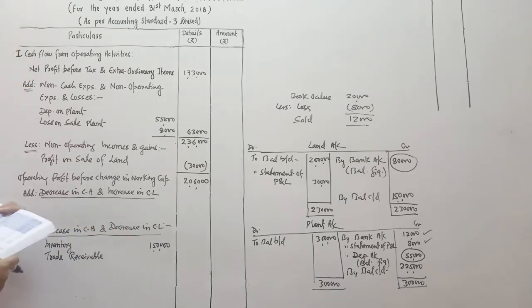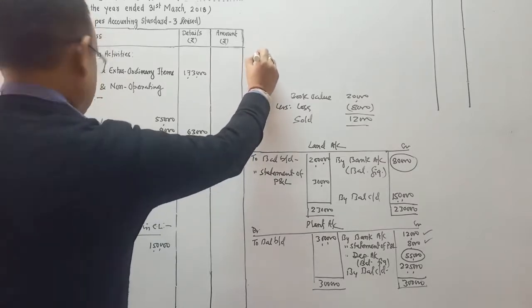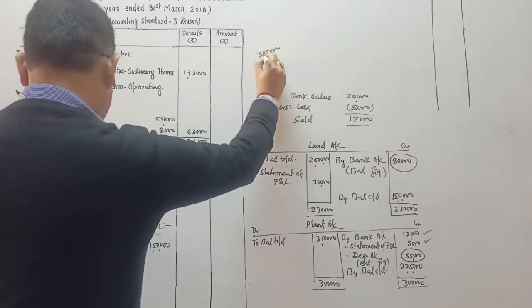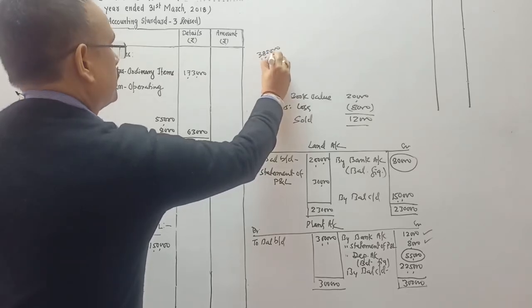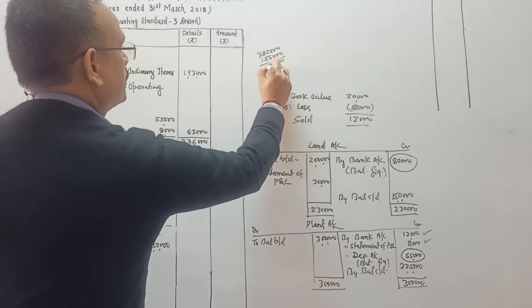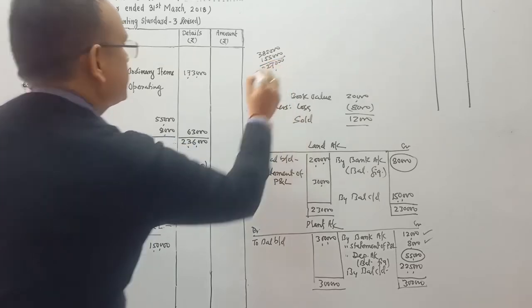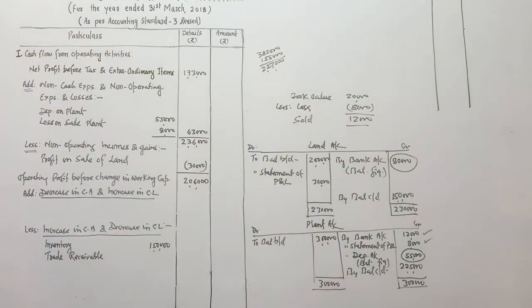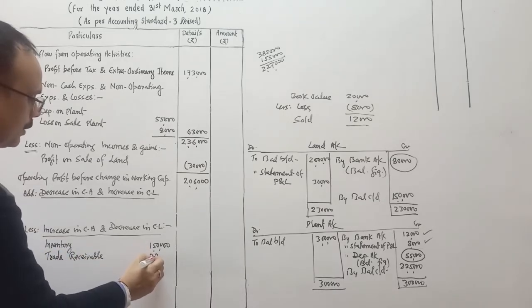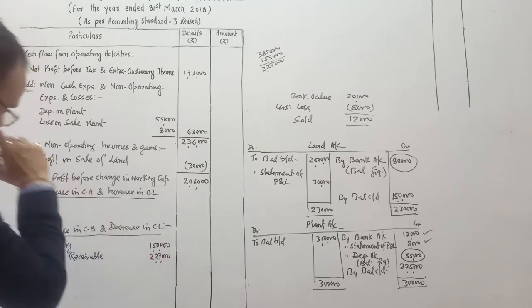So trade receivable is increased by how much amount? 3,82,000 in the current year. Last year it was 1,55,000. So it is increased by 2,27,000. Okay.